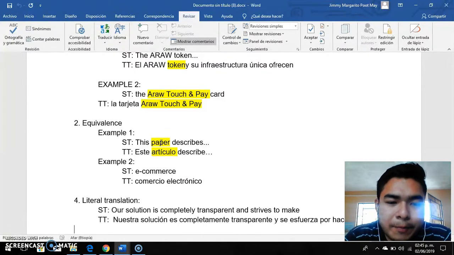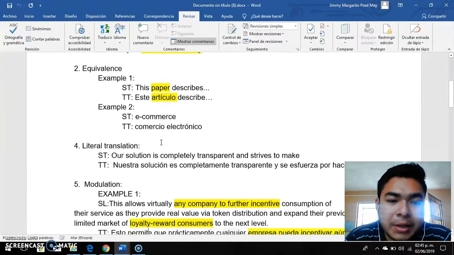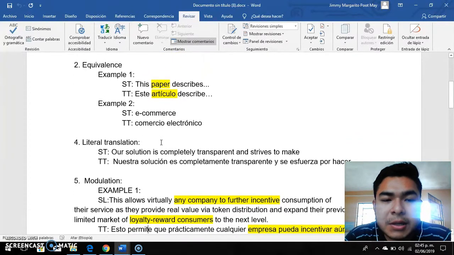So I use equivalence, which is kind of an established equivalent depending on the type of document. So in order to translate "this paper describes", I used "el artículo describe". Also, another example was e-commerce.